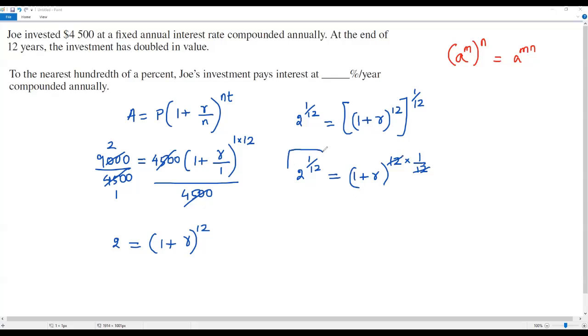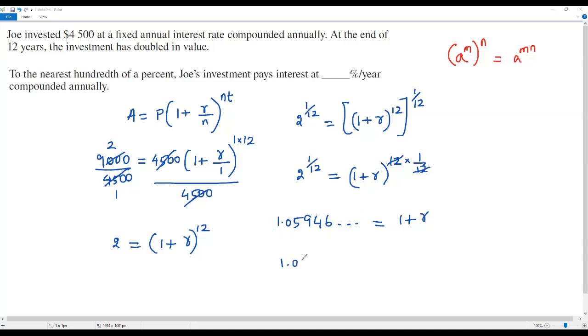We can get the value of 2 to the power 1 over 12 using a calculator. Then we get 1.05946, and it keeps going. On the right side we have (1 + R) to the first power. Whenever we have the first power, it can be ignored, so simply we write the base, 1 + R. We can also round this value to 4 decimal places.